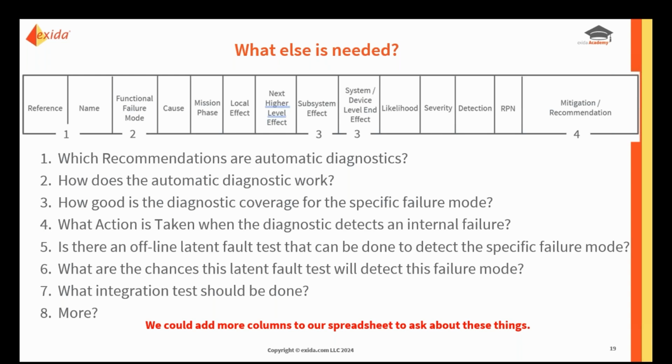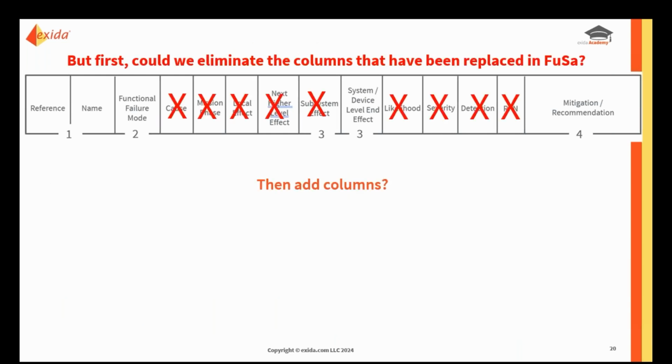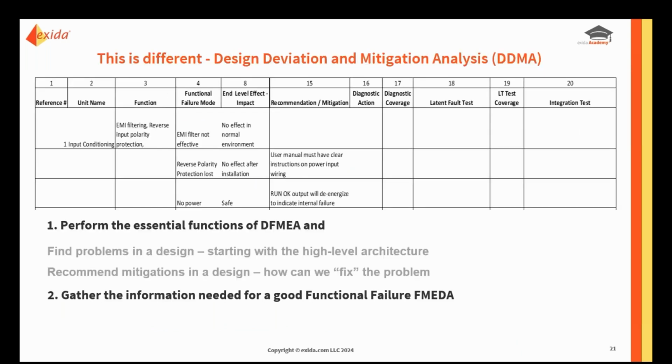So we could add columns to the spreadsheet to ask about these things. As FMEDA analysts, we could get rid of the columns we don't need and then add the columns that we do need. So now our design FMEA has turned into something that we at Exida call a design deviation and mitigation analysis.